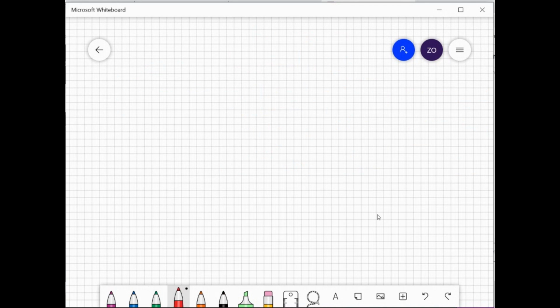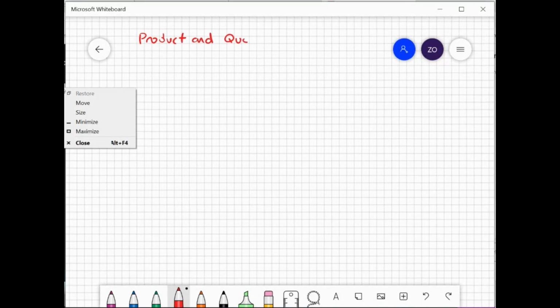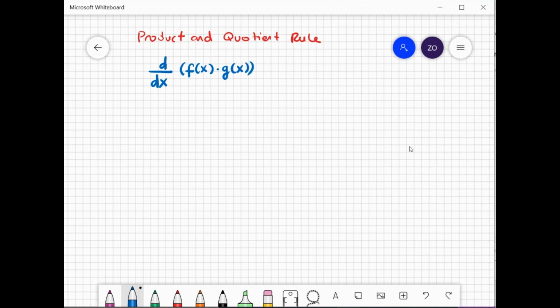Now it is time to talk about the product or quotient of two functions. Okay, so we have a product of two functions and we would like to take the derivative of this expression.